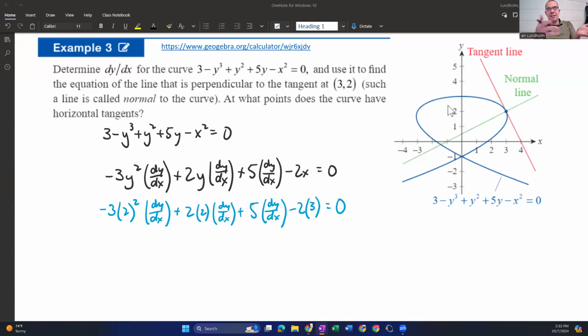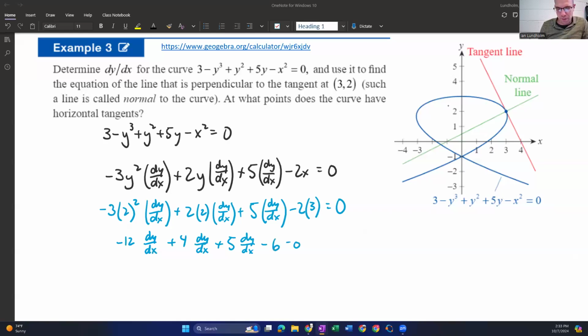What's nice is, now we've just got a bunch of numbers that simplify down. So 2 squared and then times -3 gives us -12 dy/dx. Then we've got a +4 dy/dx, and then we've got a +5 dy/dx, and then a -6.